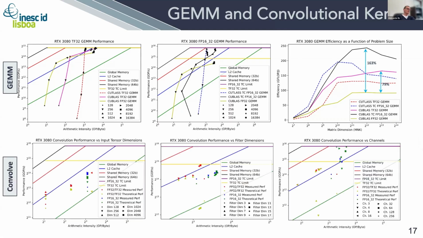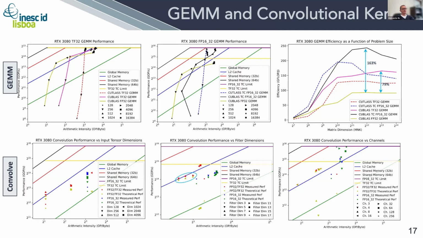Similar studies we performed for the convolution kernels. Due to time, I won't go into much detail, but we evaluated the impacts of different implementations across different precisions for 3 different metrics: tensor dimension, filter dimension, and number of channels. What we show here is that there are different implementations even in CUDA libraries, and they may have different efficiency depending on the parameterization.